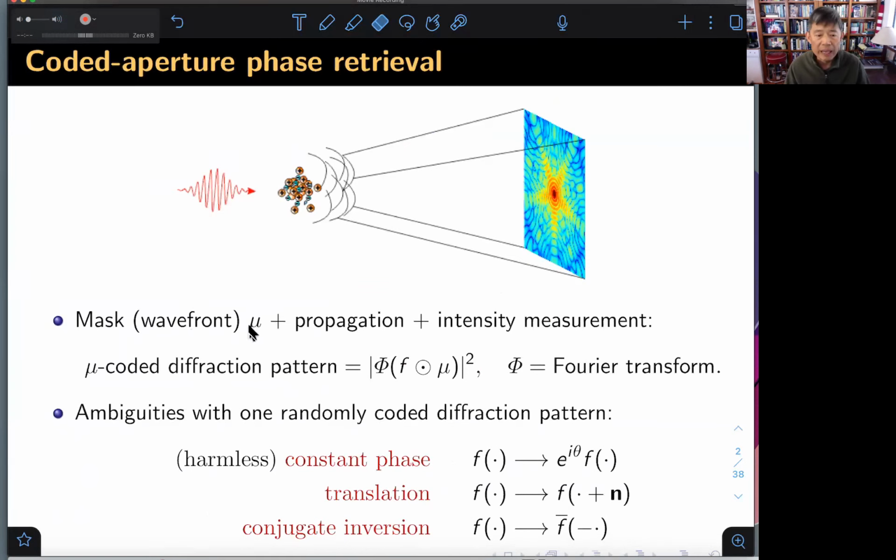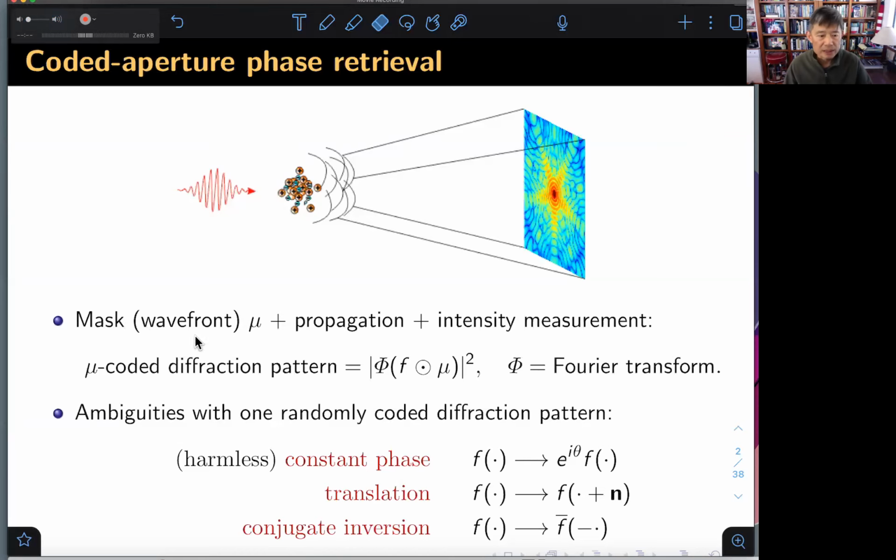I normally call it a mask throughout my talk, because that's something you can maneuver optically or even with X-ray, to change the wavefront of the incident wave, and then once you hit the object, the scattered wave is propagated forward, and then you take a picture of that scattered wave. Because of the frequency of the light, almost all cameras, in the X-ray regime, can only take the intensity measurement rather than the full amplitude measurement.